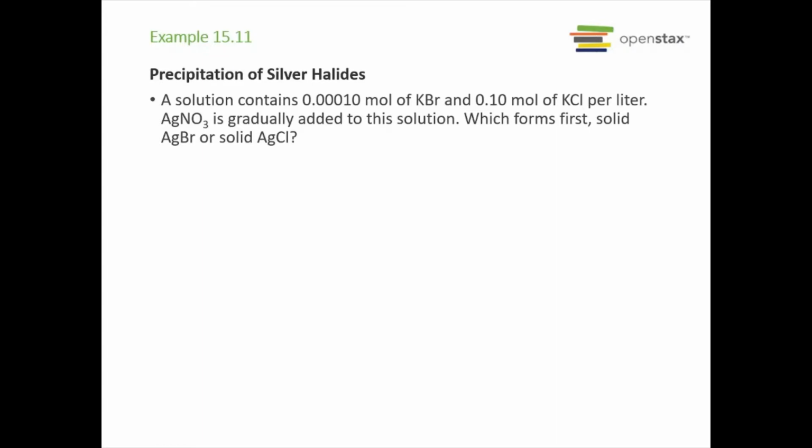So let's go ahead and first write our reactions that are happening. So we have AgCl solid becoming Ag+ and Cl-. And it has a KSP value of 1.6 times 10 to the negative 10th.